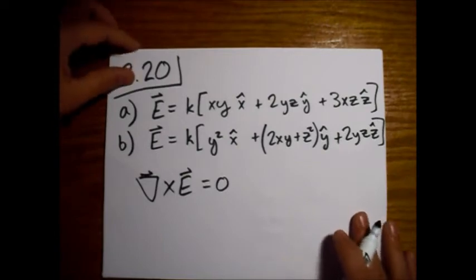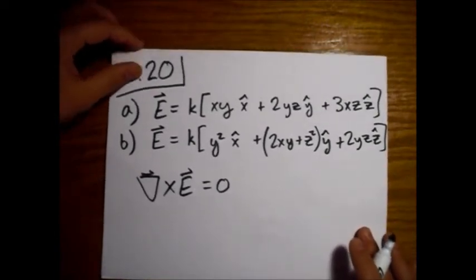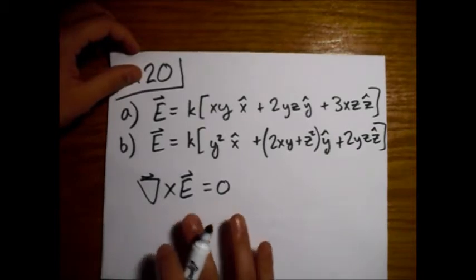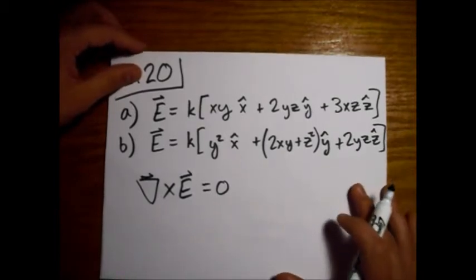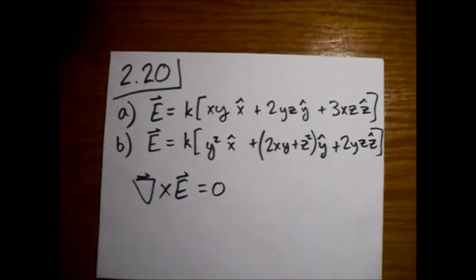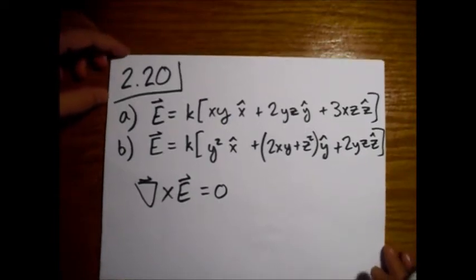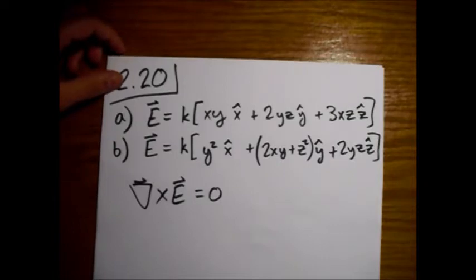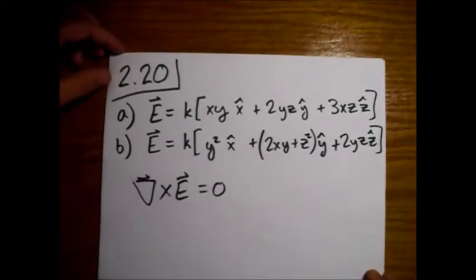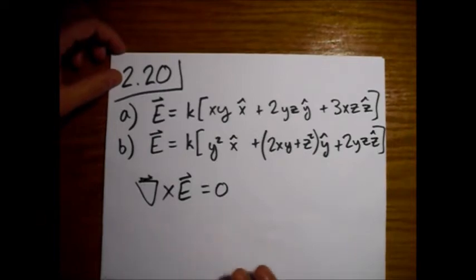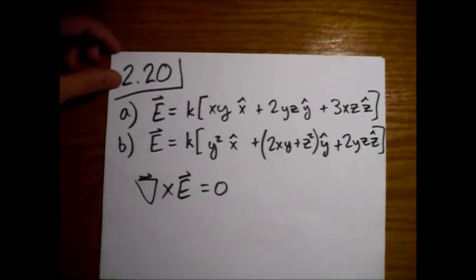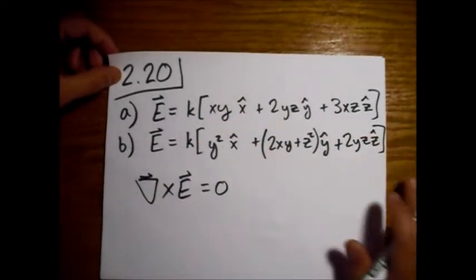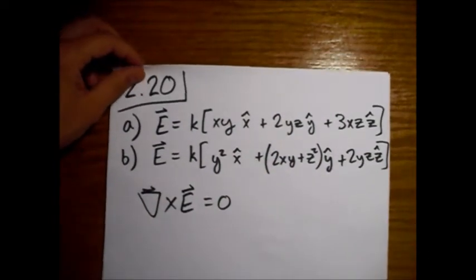Alright, so one little shortcut is that for a vector equation that equals 0, since you have an independent basis set like x, y, and z, each of these components also has to equal 0, because there's no way they can kill each other because they're independent. So when we take the curl of these things, as soon as we find one of the components that's not 0, then we'll know we've found the imposter, and we'll know which of these fields is impossible.